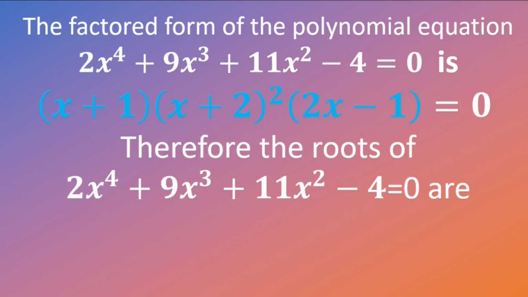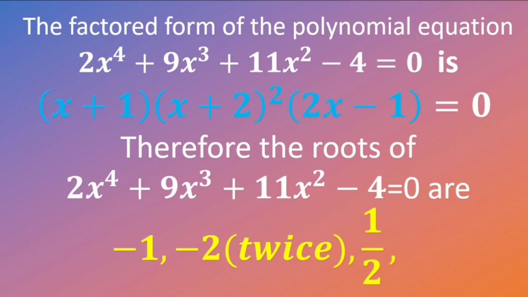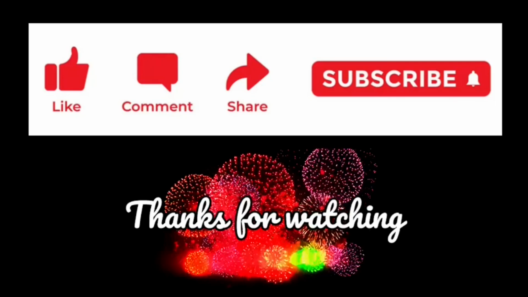Therefore, the roots of 2x raised to 4 plus 9x cubed plus 11x squared minus 4 is equal to 0 are -1, -2 twice, and 1/2.